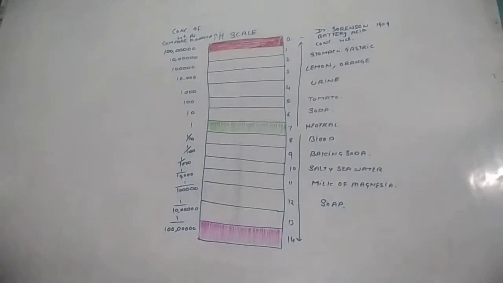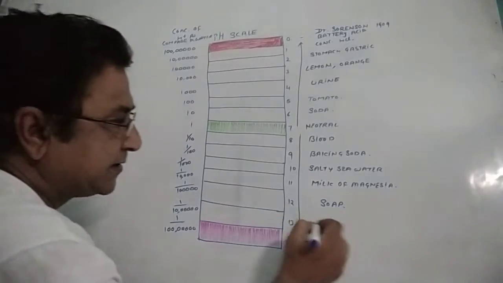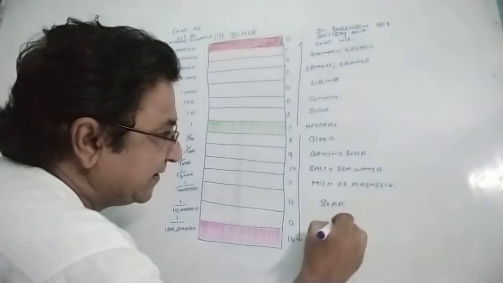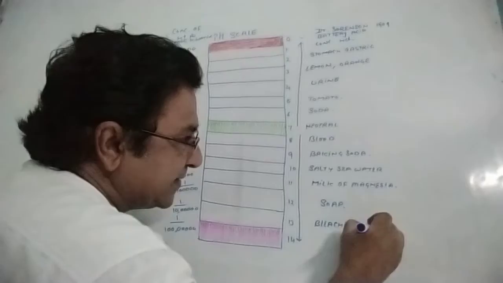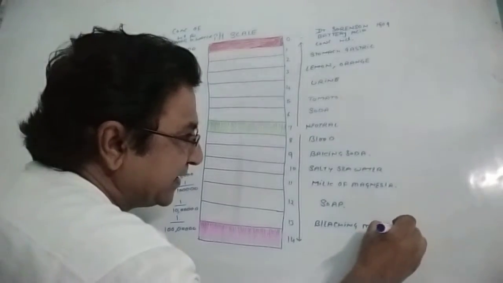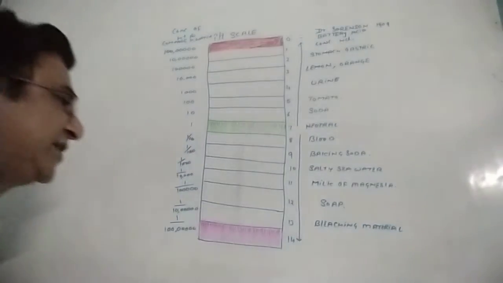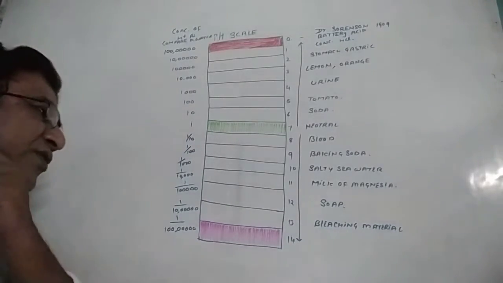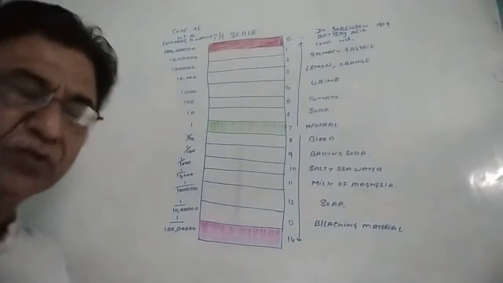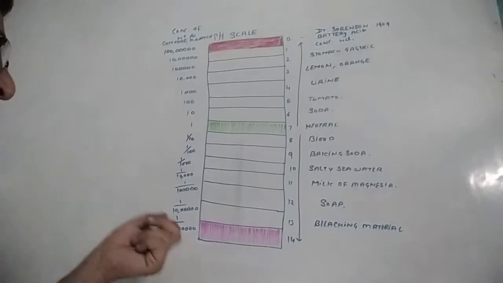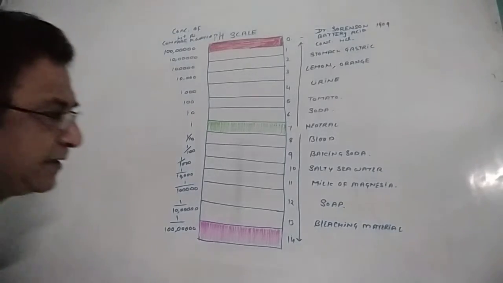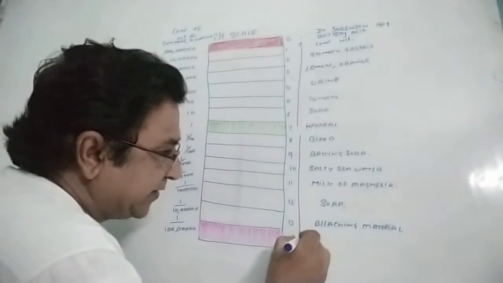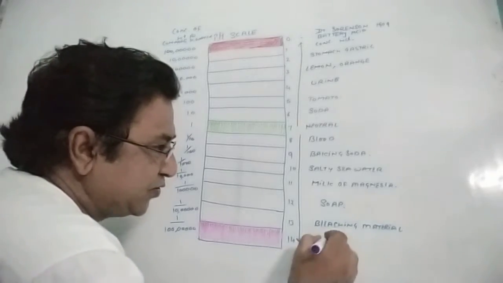Then 13 is for bleaching agents, the materials used for bleaching, which have an alkalinity of pH 13, correct? Bleaching powder is also used for bleaching clothes, woolens, etc. And some alkaline materials are used for drainage.